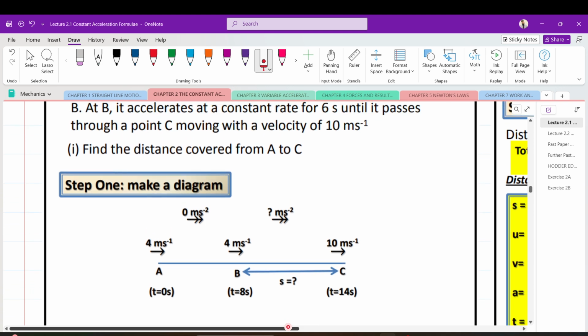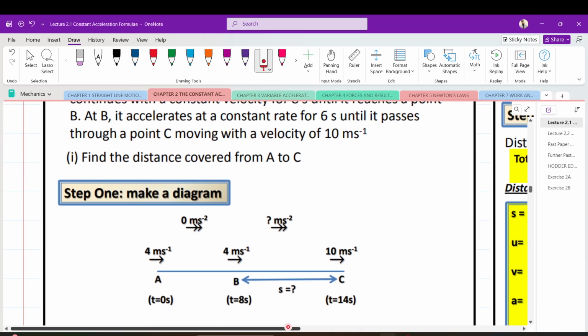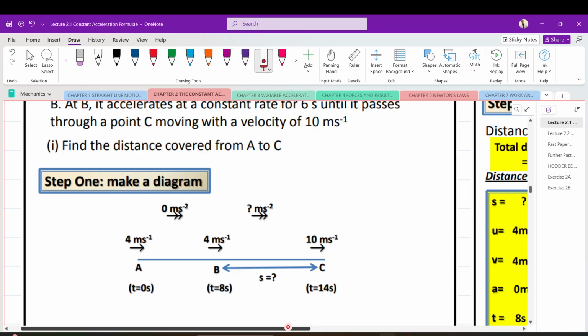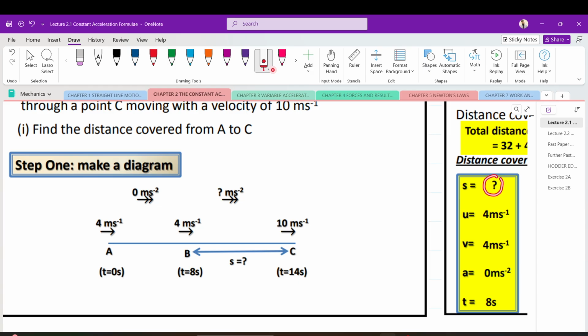Now, what do we need to find? We need to find the distance covered from A to C. So I need to find from A to B and then from B to C, and add them for the total distance. First, I'm going to find the distance between A to B. So again, come to SUVAT equations. What is it that's given to us? Displacement is what we need to find.